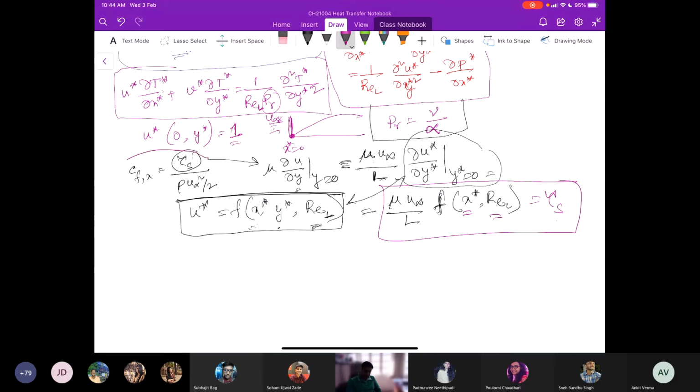We replace this in this expression. So what we have, this coefficient, most of the parts are eliminated except this u part.